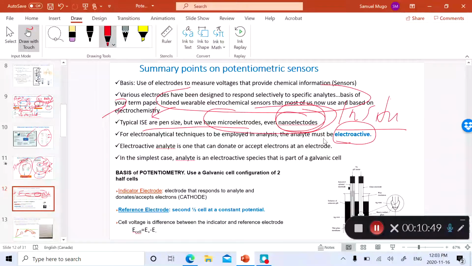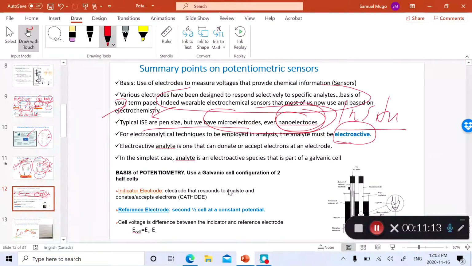And what electroactive means is that the analyte is prone to undergo oxidation or reduction. So that's one requirement of classical potentiometry. However, when you're doing the non-classical potentiometry, the ion selective electrodes, essentially any type of analyte, you can actually fabricate an ion selective electrode for it.